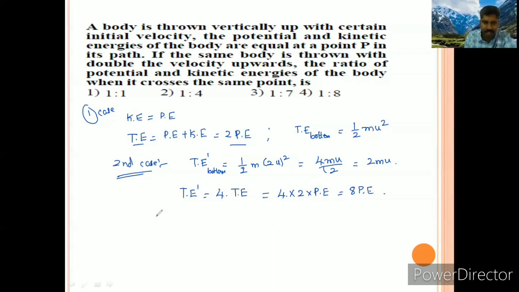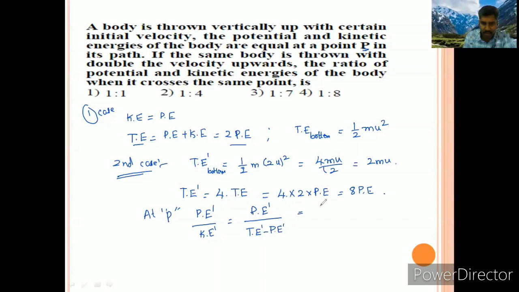This is the second thing. Next, the same point, I am taking as P point. P point only they give. So at point P, we need to find the potential energy in the second case and the kinetic energy ratio. So potential energy by kinetic energy, that is total energy minus potential energy dash.